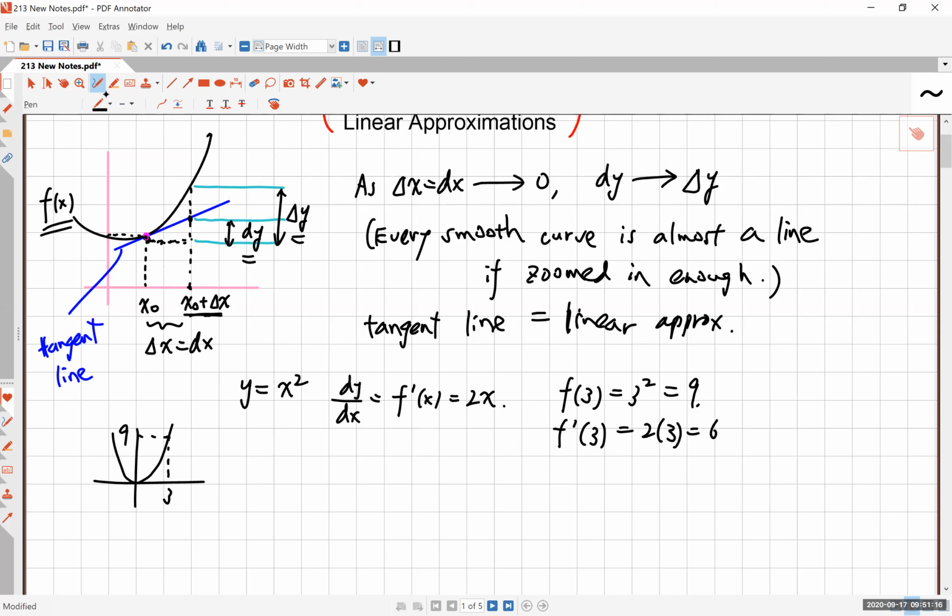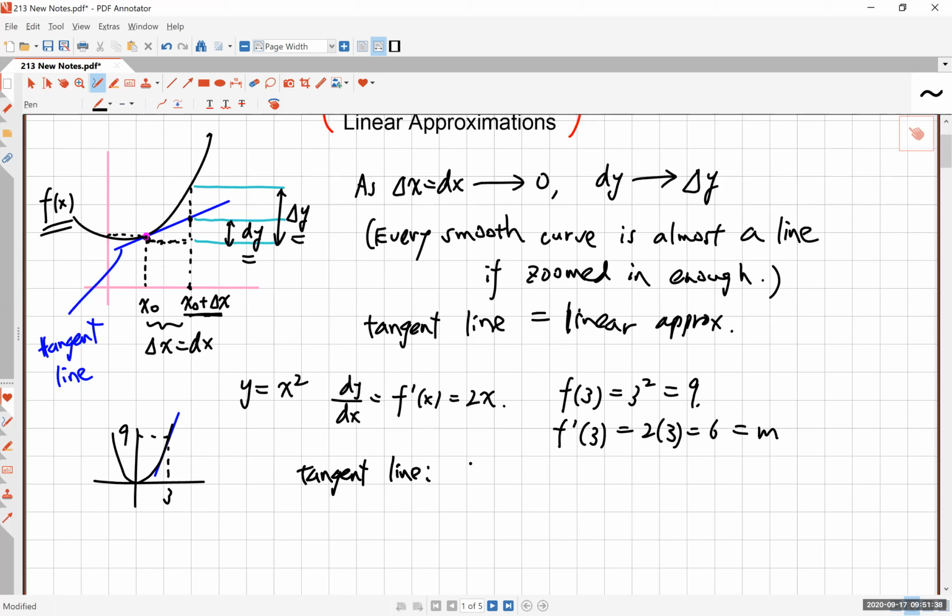All right, so if you take this tangent line, the tangent line has the slope of 6. So that's your m, if you are talking about the linear expression. And then you write down the equation of this tangent line.